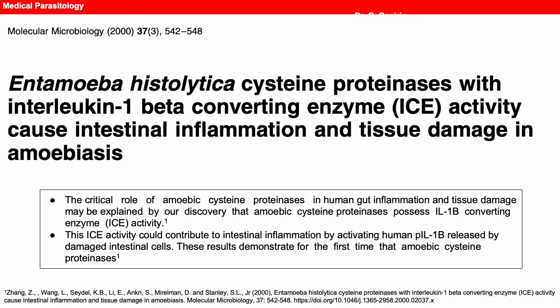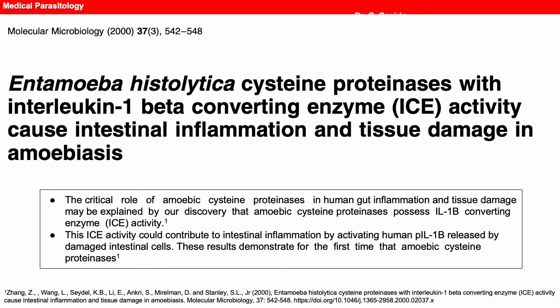Now, what about this interleukin-1 beta converting enzyme activity, or ICE? Interleukin-1, just for the information of everyone, is an inflammatory cytokine that is usually produced in times of infection or inflammation. Interleukin-1 is also a cytokine responsible for the formation of fever.